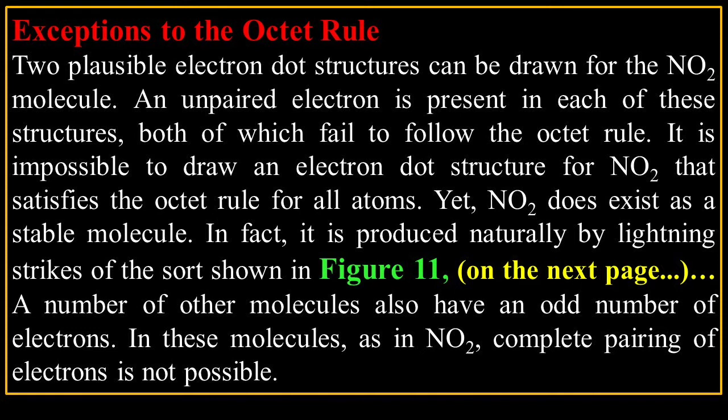In fact, it is produced naturally by lightning strikes of the sort shown in figure 11 on the next page. A number of other molecules also have an odd number of electrons. In these molecules, as in NO2, complete pairing of electrons is not possible.